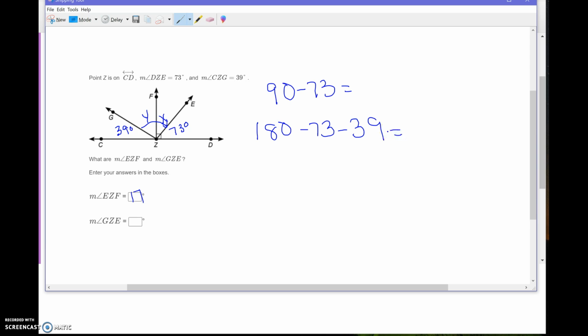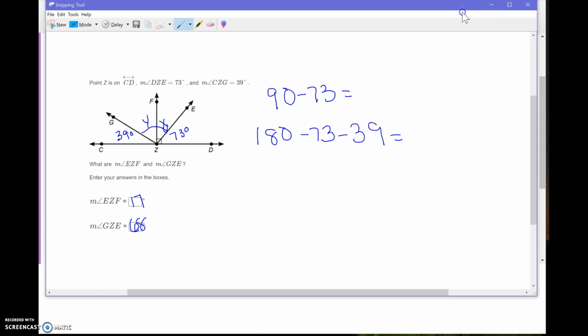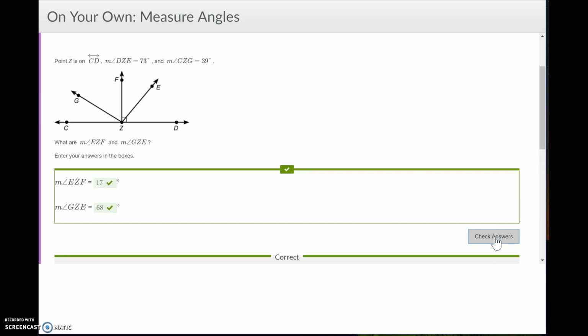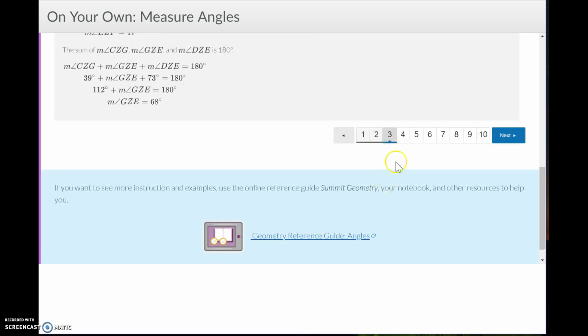That gives us 68 is what we have left. Let's see if we're right. So the first one was 17 and then 68. Excellent, we did good.